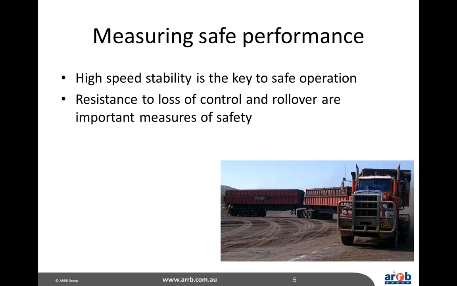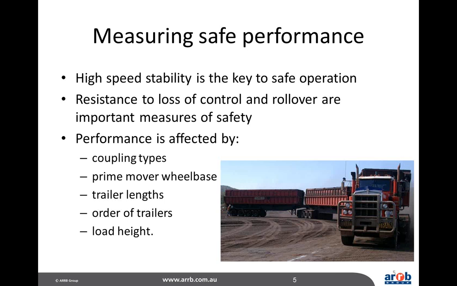A number of measures can be used to grade the safety performance of a vehicle, and those measures are influenced quite heavily by certain aspects of vehicle layout, which I'll try to cover briefly today. Resistance to loss of control and resistance to rollover are the main measures of safety, and the performance in those areas is quite heavily affected by the type of couplings that are used between trailers, the wheelbase of the prime mover and the lengths of the trailers.